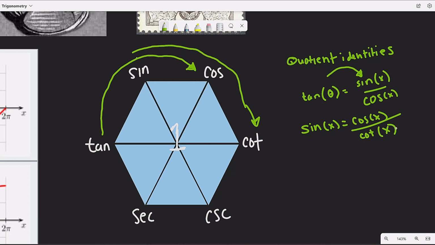And this is our quotient property. And we can extend this all the way around the hexagon, which is awesome, right? That's so easy to remember. All we had to remember really is our hexagon. And then from there, we can get all of our quotient identities. But that's cool. Now let's do product identities. Let's erase this.